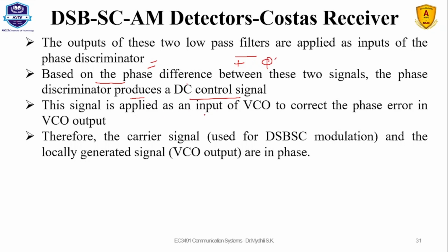This signal is applied as the input to the voltage controlled oscillator to correct the phase error in the VCO output. Therefore, the carrier signal used for DSB-SC modulation and the locally generated VCO output will finally be in phase. Hence it is called the Costas loop receiver, where it tries to stay in phase with the signal. So this is about the DSB-SC AM detector, the second half.